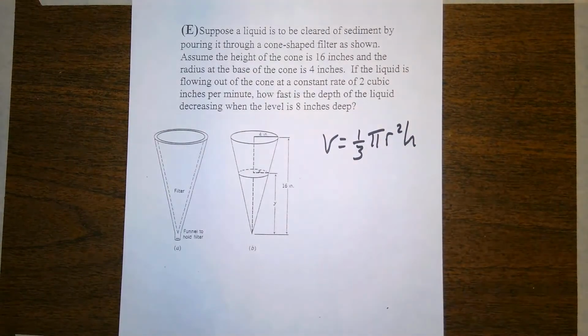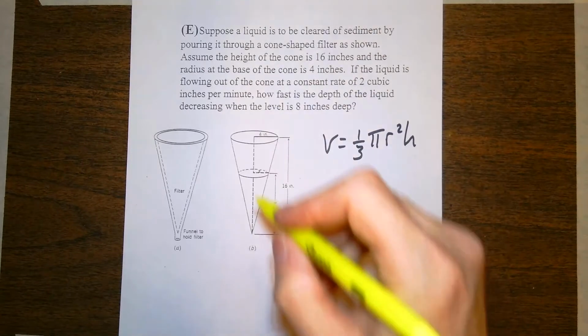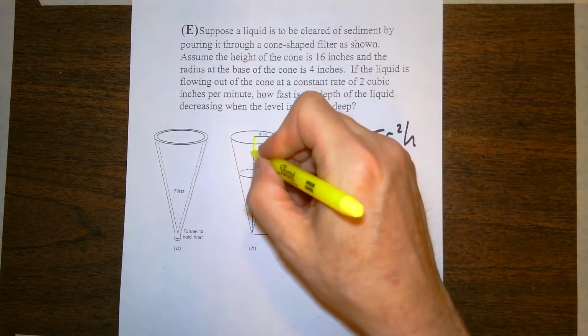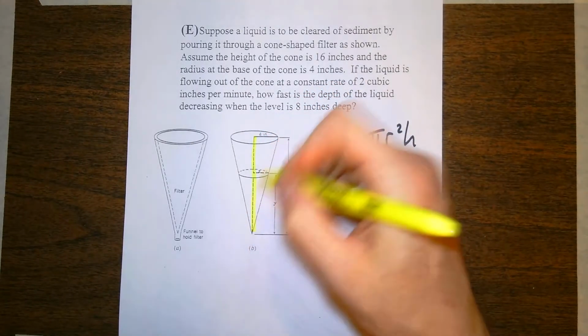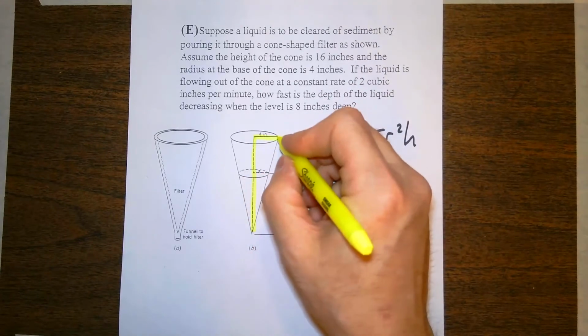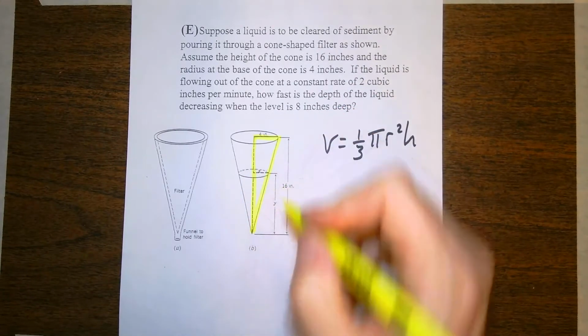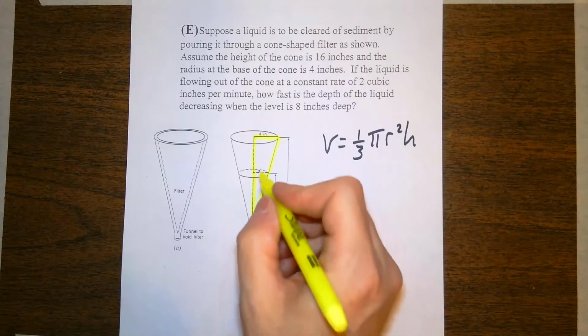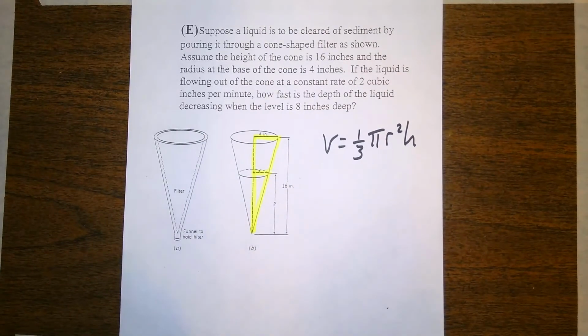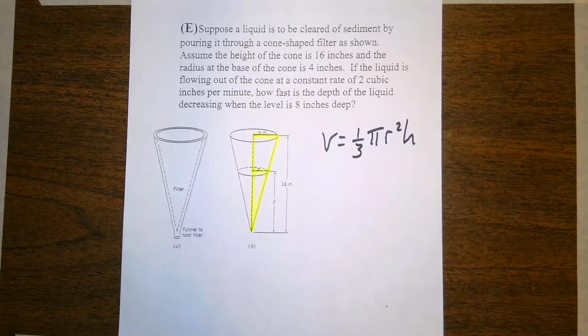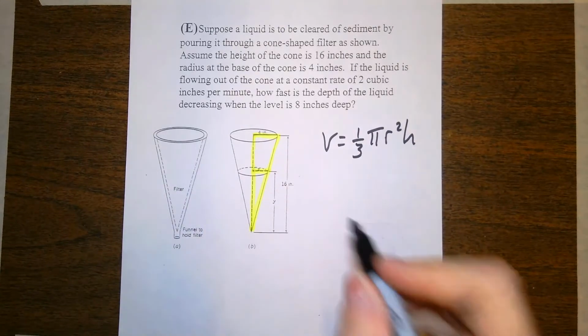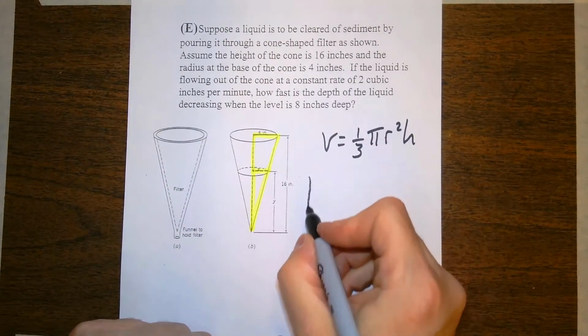The thing that I want you to notice is that in the cone we have 2 similar triangles. Let me use my highlighter. I've got the overall triangle. There's one triangle, and then the other triangle is this triangle right here. Let me go over here off to the side and draw just these 2 triangles.